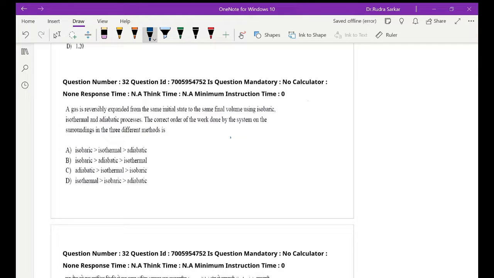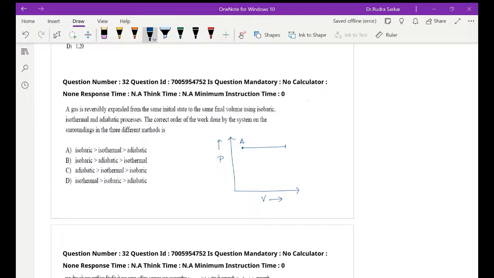So for that, we will make PV curves. The y-axis is P and the x-axis is the volume. Suppose we start from this point.